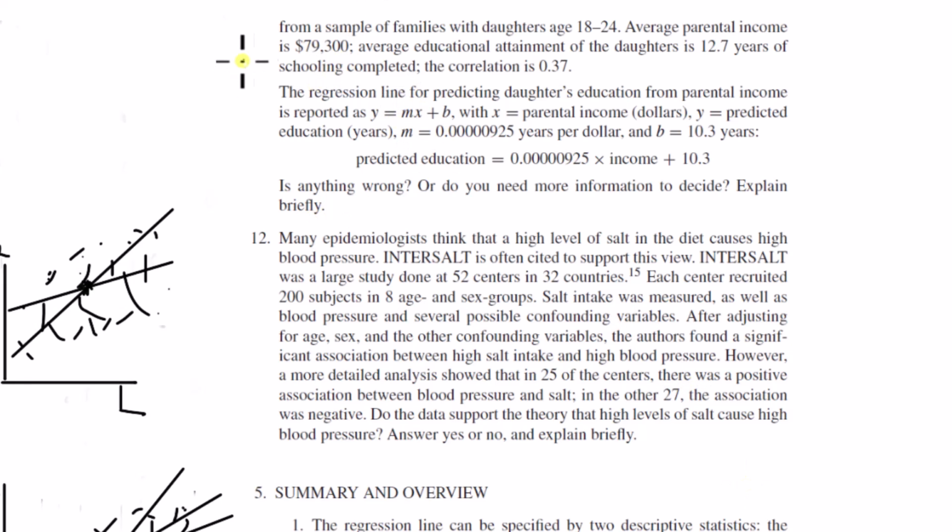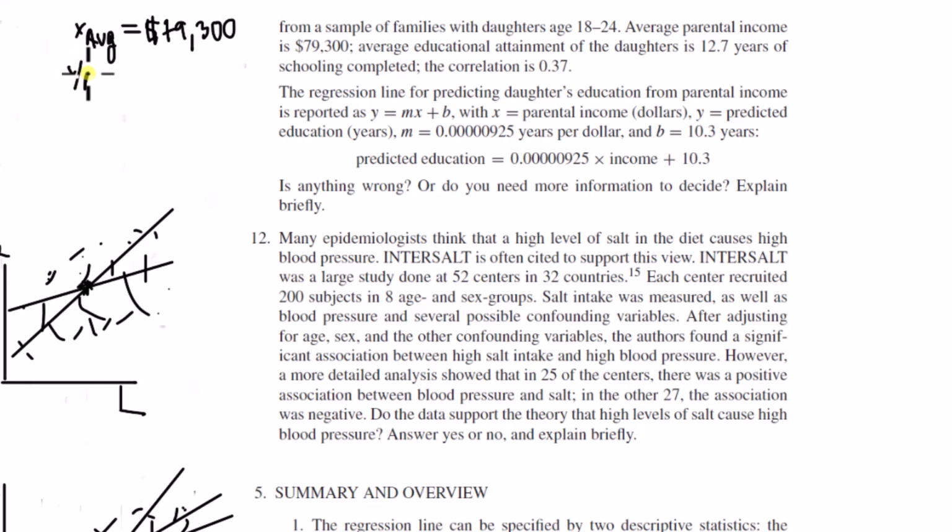Well, actually, hold on. Let's write out what we've got here. So we're predicting education from income. So the x average is the parental income, $79,300.